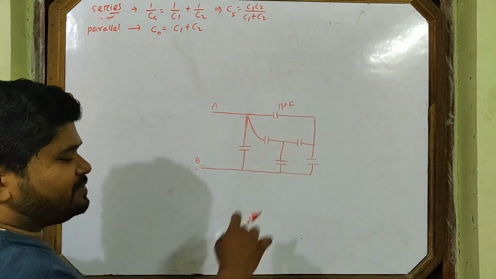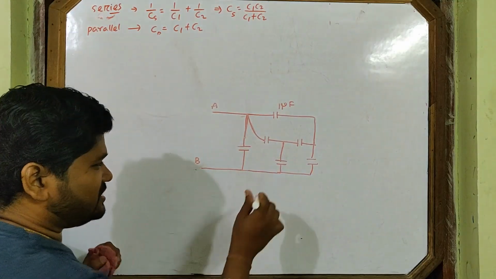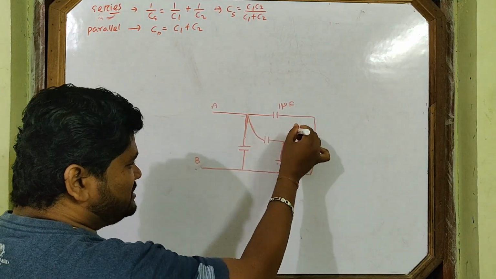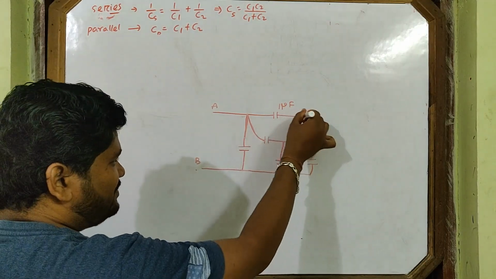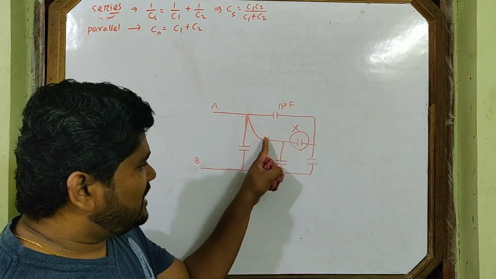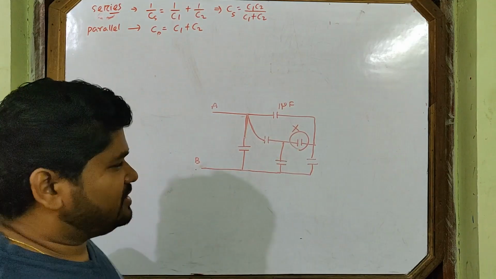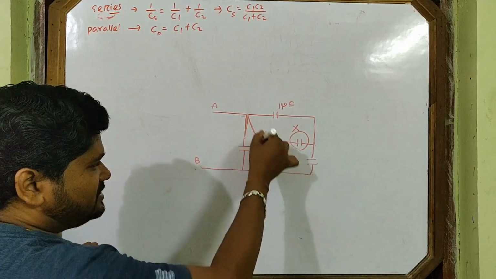It's nothing but a Wheatstone bridge connection. This one is the middle capacitor which is to be cut. PQRS. This one is to be cut. You hide this. This is a Wheatstone bridge connection. Then you solve it.